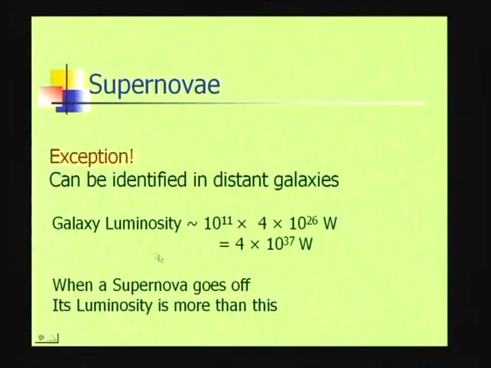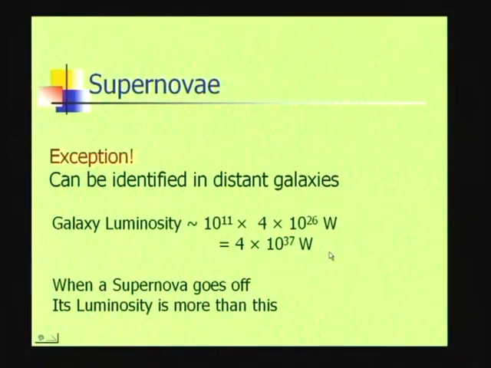A galaxy, I have already told you, has of the order of 10 to the power 11 stars, 100 billion stars, and each star has a luminosity of the order of 4 into 10 to the power 26 watts. So, the luminosity of a galaxy is 4 into 10 to the power 37 watts. That is the typical luminosity of a galaxy.